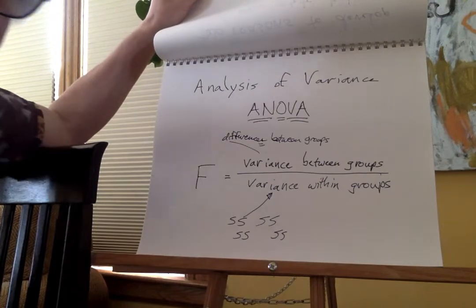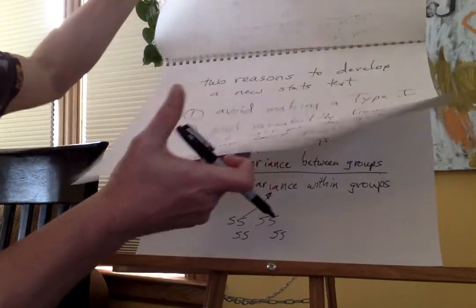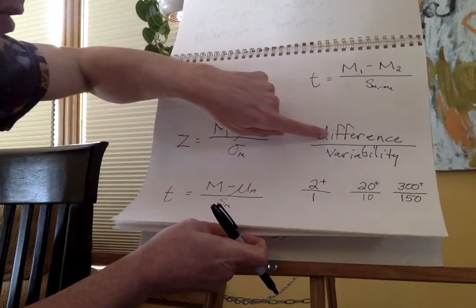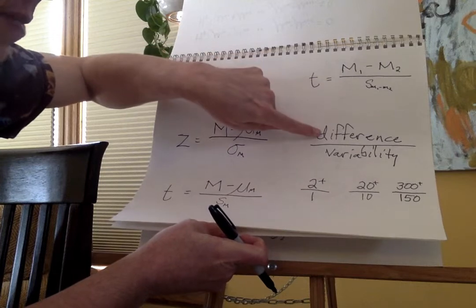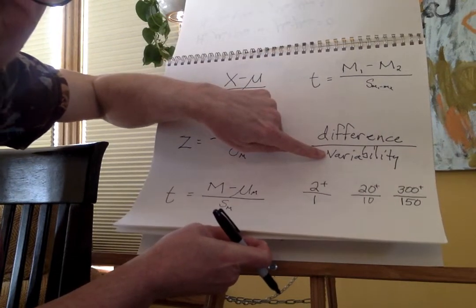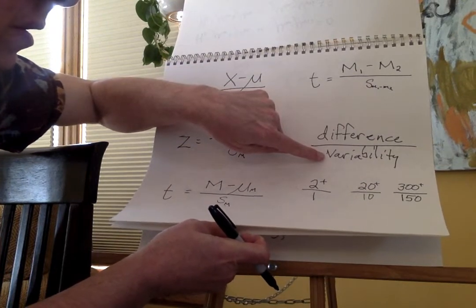So we still have this basic notion of difference over variability. Difference between the groups compared to the variability within the groups. Difference between the groups and what we see within the groups.